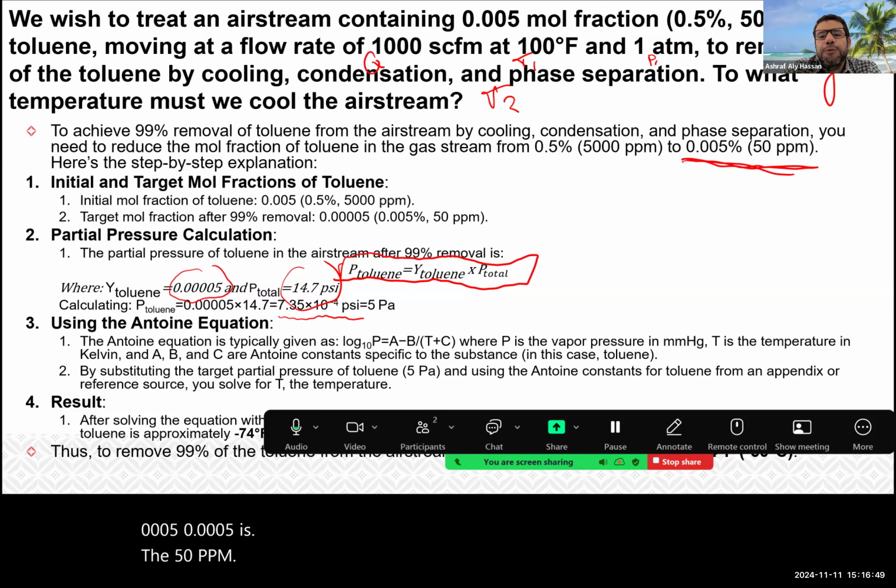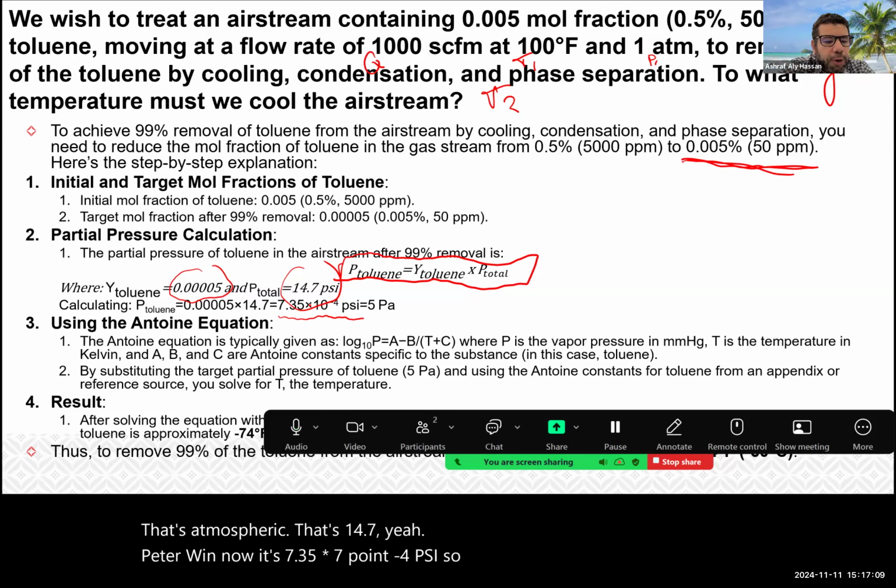That's 0.05 over 100. P total, that's atmospheric, that's 14.7. The P toluene now is 7.35 times 10 to the power negative 4 psi. So that's what we find out.